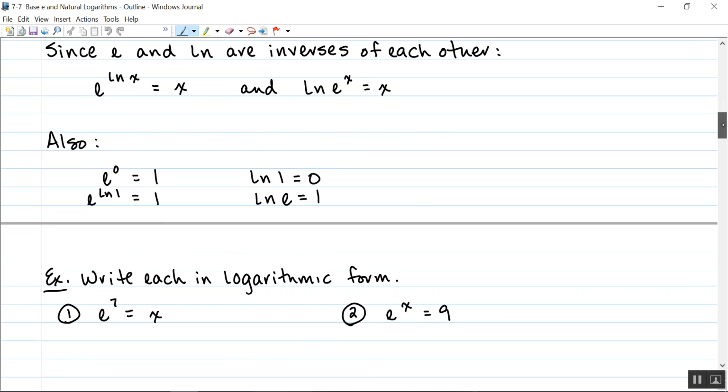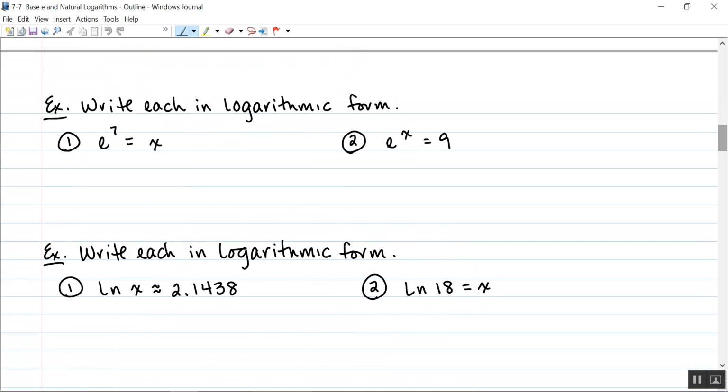Let's take a look at a couple examples. Write each of these in logarithmic form. So here we have e to the 7th power equals x. So writing that in log form, it would be log base e of x equals 7, because e to the 7 is equal to x.